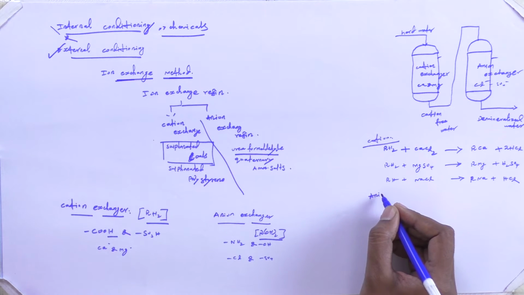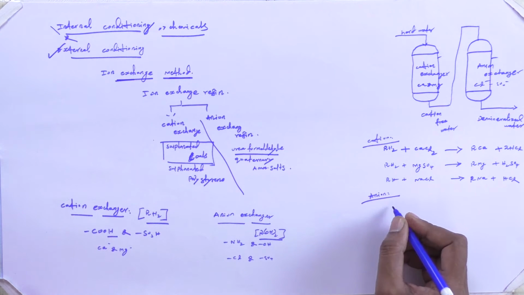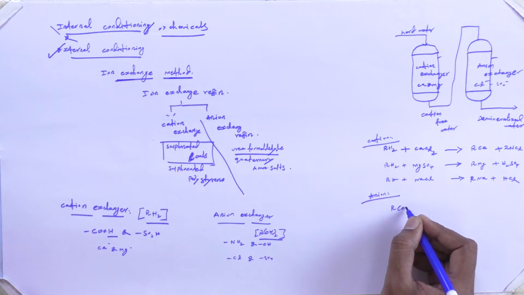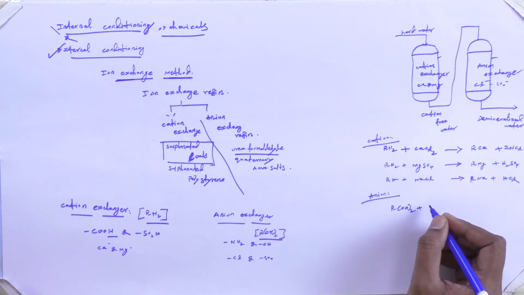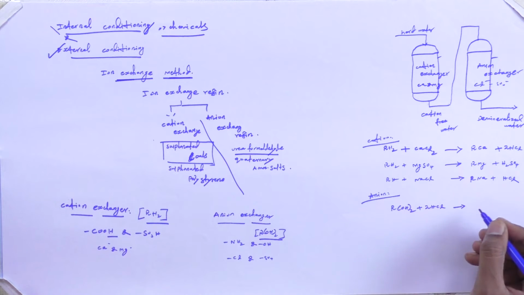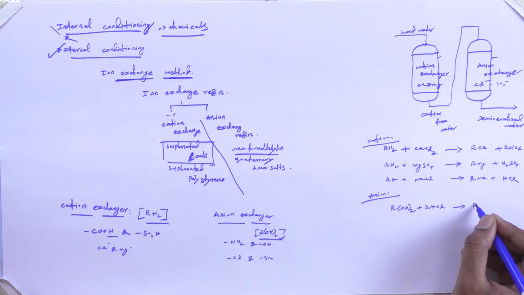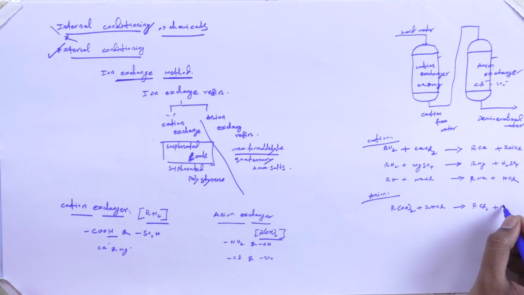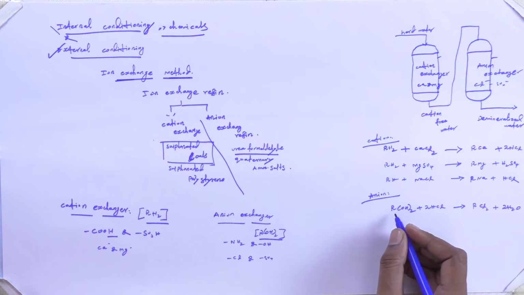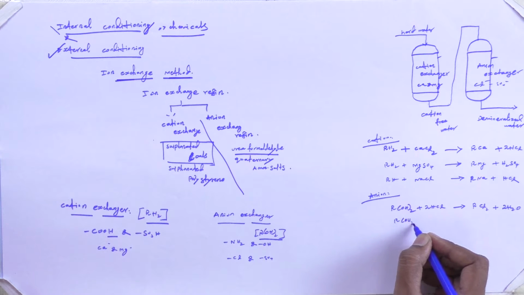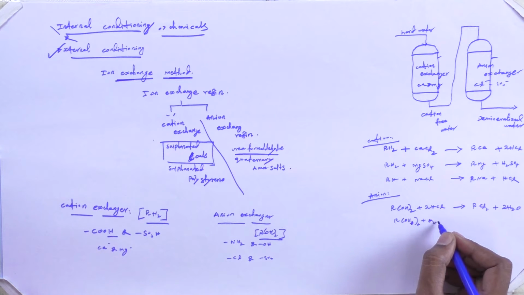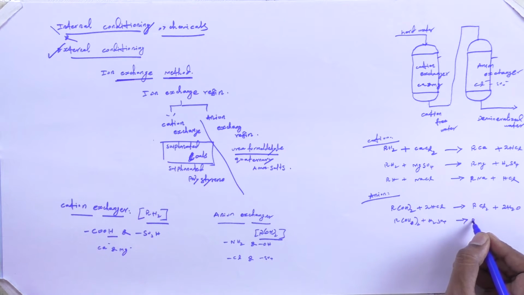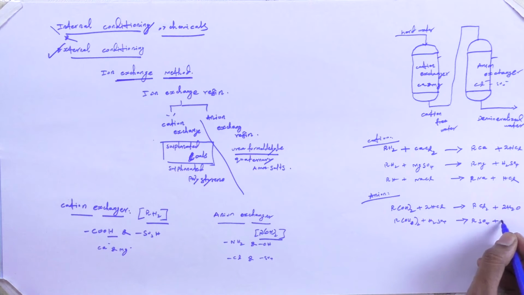In the anion exchanger, the anion exchange resin represented as R(OH)2 reacts with chloride or sulfate. It forms RCl2 plus 2H2O, and with sulfate ions it forms RSO4 plus 2H2O.